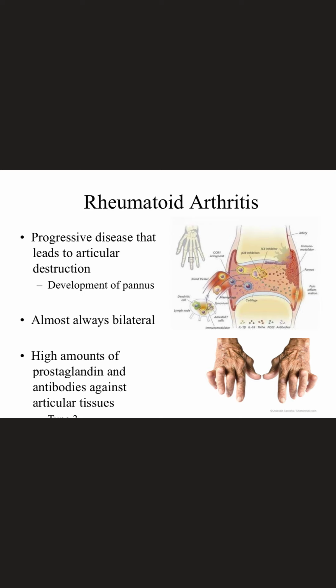So normal tissue is tagged with antibody and then targeted by these immune cells. So in rheumatoid arthritis, you see this propagation of the immune response in the articular tissues. So itis, again, inflammation, and arth is referring to the articular tissues, the joint tissues, specifically the joint lining.